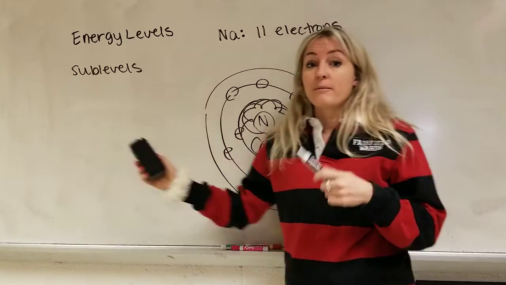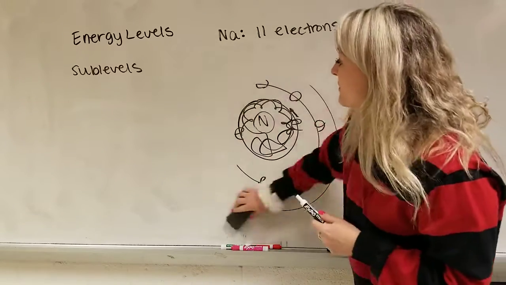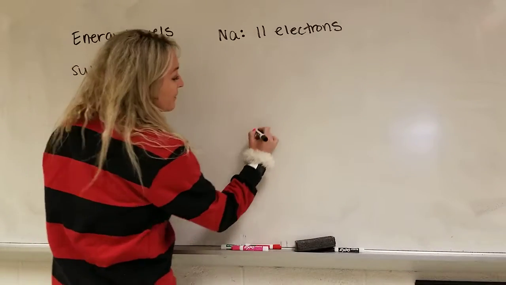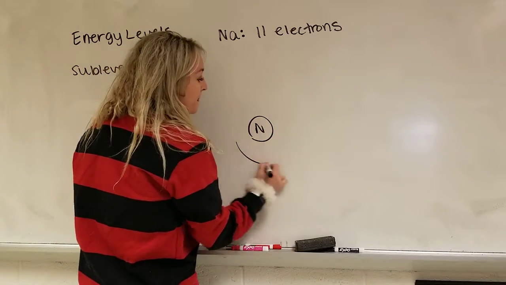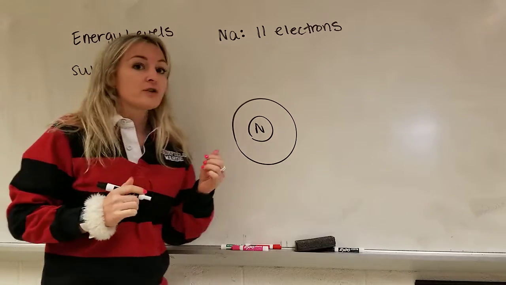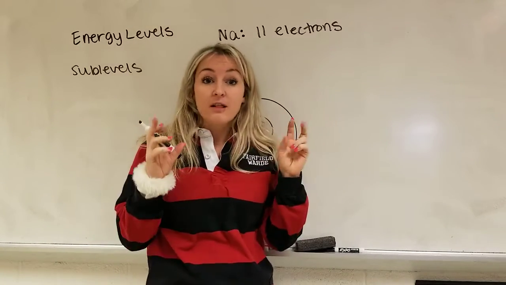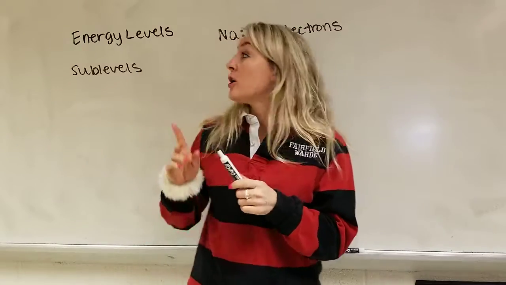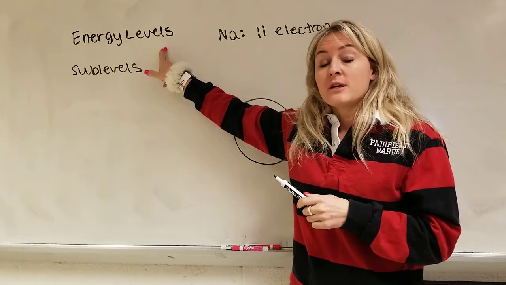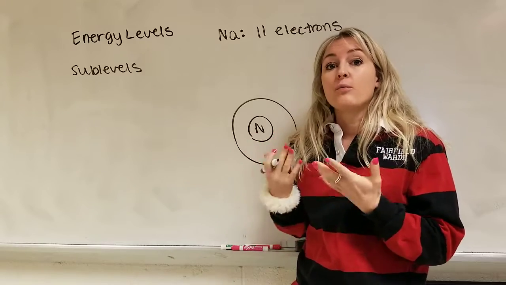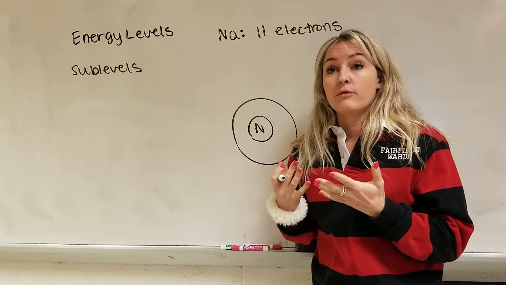We're still going to remember this and how it filled things up because there are some similarities. So again, what we're going to have is a nucleus in the center, and then we still are going to have our first 2 electrons be in this first shell, but instead of a shell, what I'm going to call it is an energy level. So what an energy level is a boundary around the atom where electrons move.